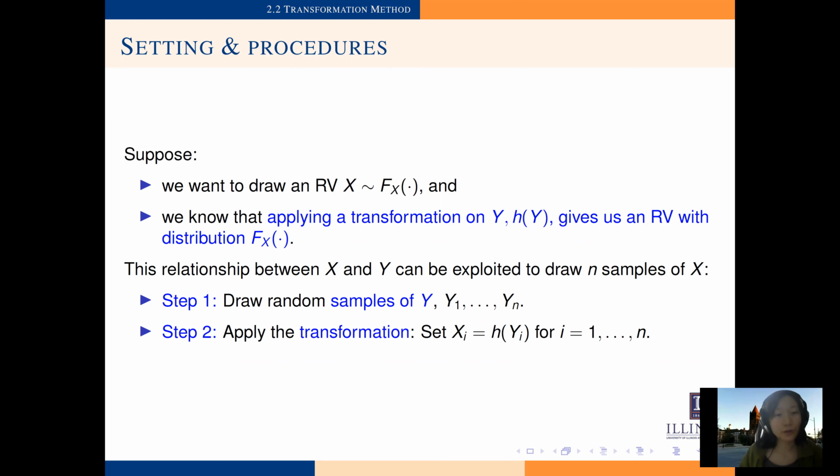In step 2, we apply the transformation h. Specifically, for each i between 1 and n, we set xi equal to h of yi. The samples that we obtain in this way, the xi's, will follow the same distribution as the original x.